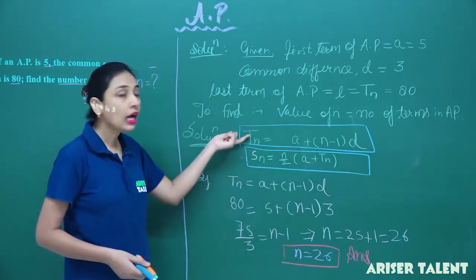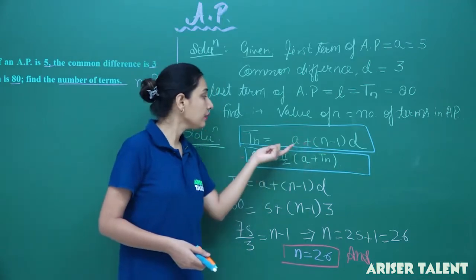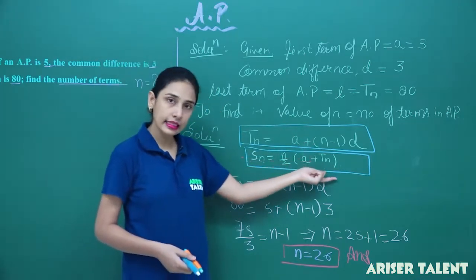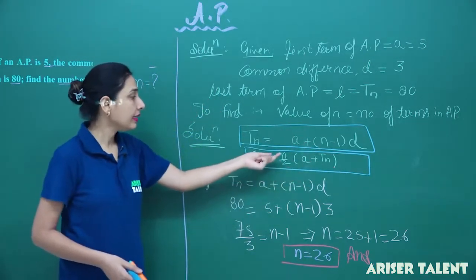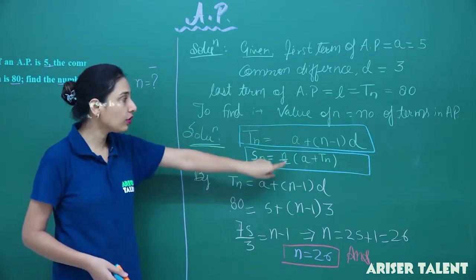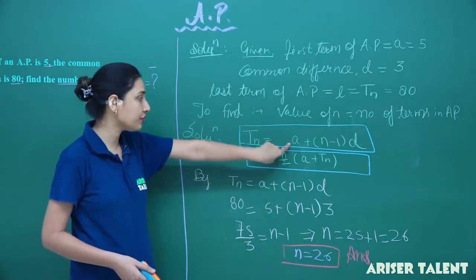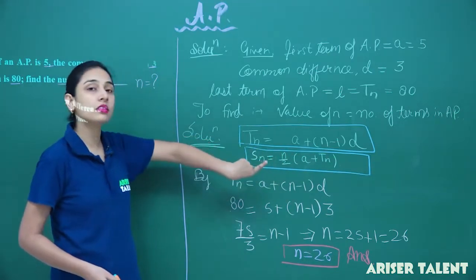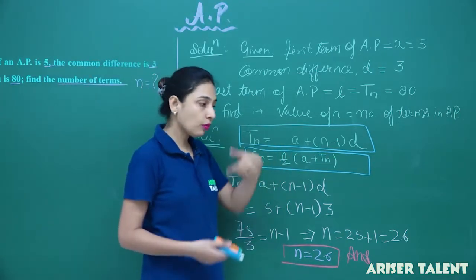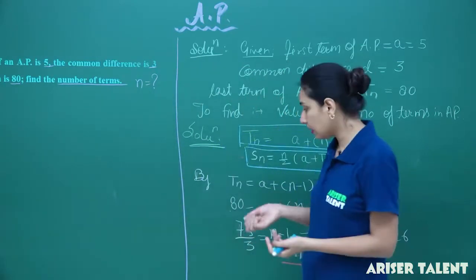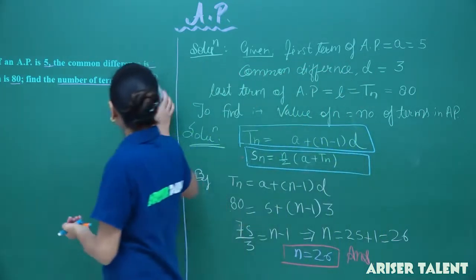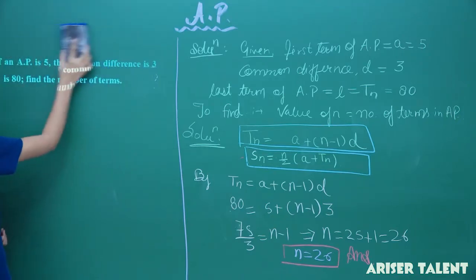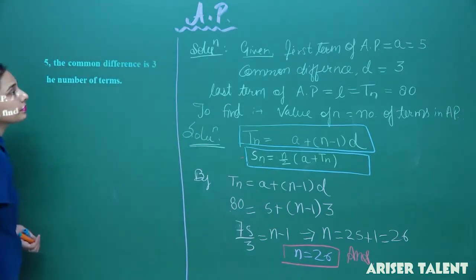From this formula you will find n, and by using this n, Tn and A, the given values, you will put the values in the Sn formula and find the sum. Questions on this formula we will see in our coming questions. So note this, students, I am going to rub this, note it all.